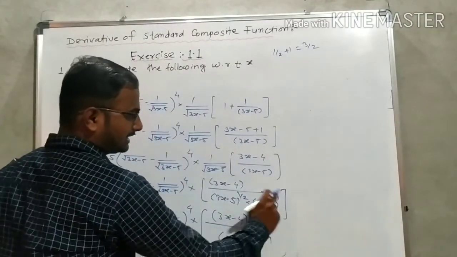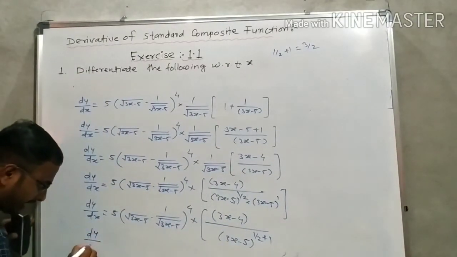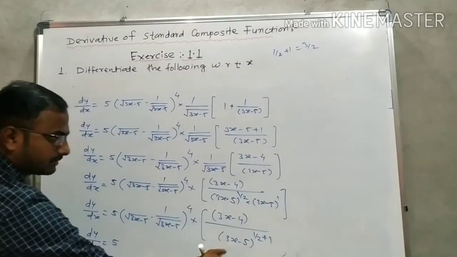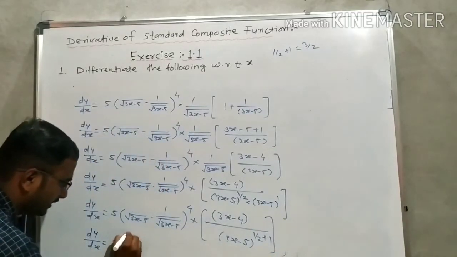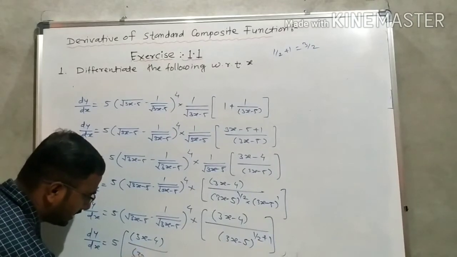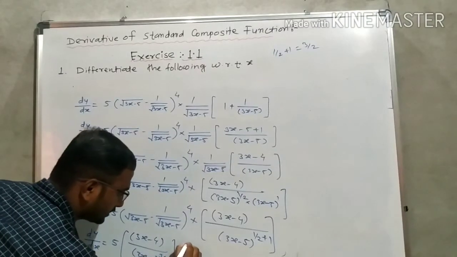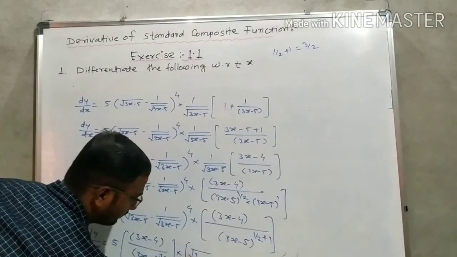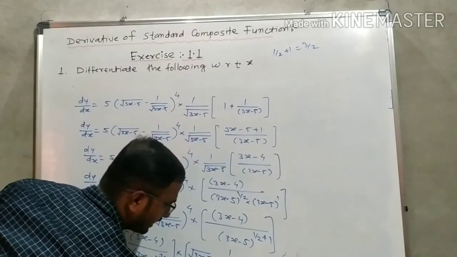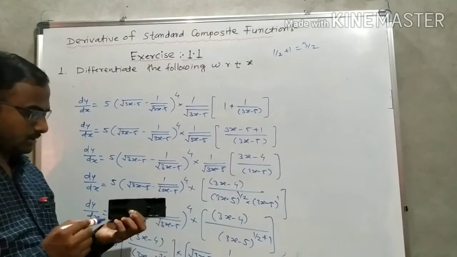The base is the same, so the powers get added. So the last answer is dy by dx equals 5 into, let's write this term first, 3x minus 4 in a bracket of 3x minus 5 to the power 3 by 2, into square root of 3x minus 5 minus 1 upon square root of 3x minus 5. So this is the final answer. Okay, it is very complicated.